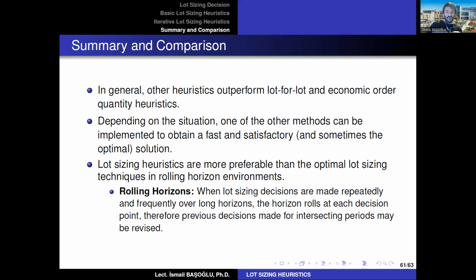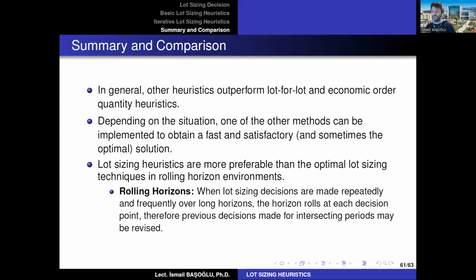After 2 weeks, we revisit our lot sizing decision again for the following 20 weeks, which means the next lot sizing decision that we are going to make also involves the lot sizes that we have already determined for the following 18 weeks.